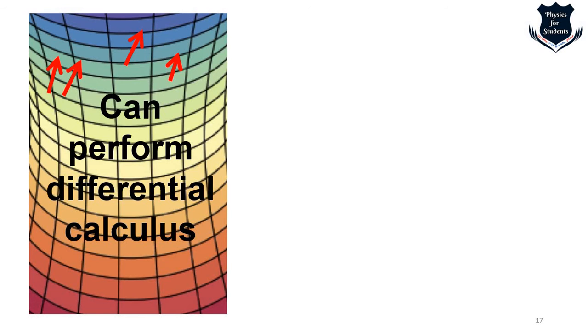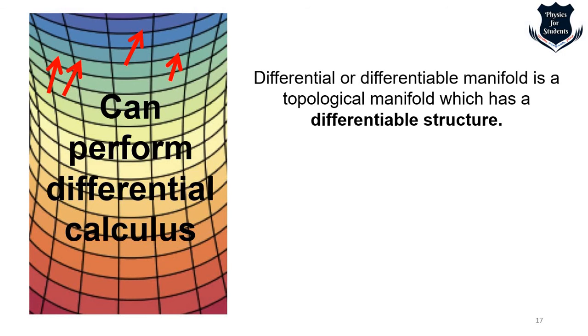So we can calculate that, and now we call a differential or differentiable manifold a topological manifold which has a differentiable structure. That means a structure on which we can perform differential calculus. So you see all those D's on the left hand side of the figure. That means we have got something where we can use our familiar dy dx in order to do the calculus, right?